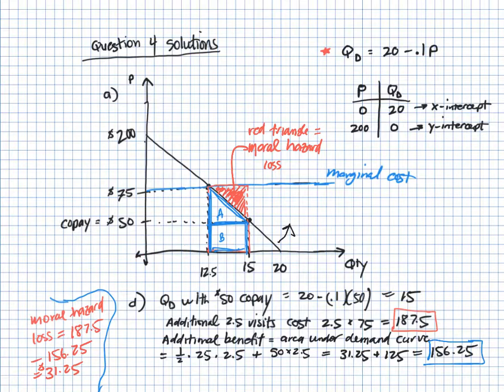We're going to be consuming beyond the point where the costs and benefits are just equal. So there's still going to be moral hazard with the 20% coinsurance rate. Now 20% coinsurance is less than $50, so we would expect more moral hazard loss with the 20% coinsurance than we have with the $50 copay.